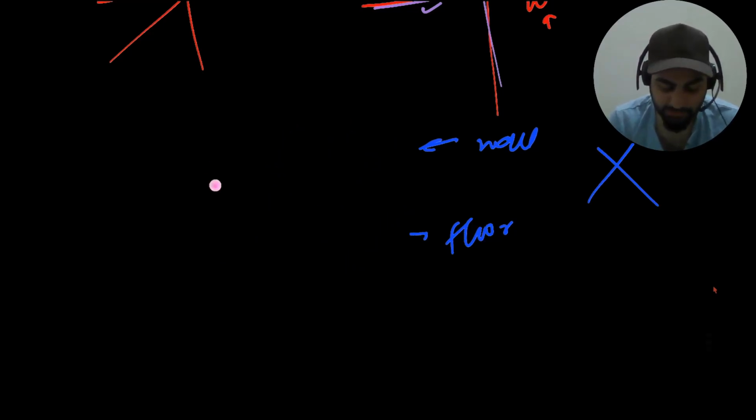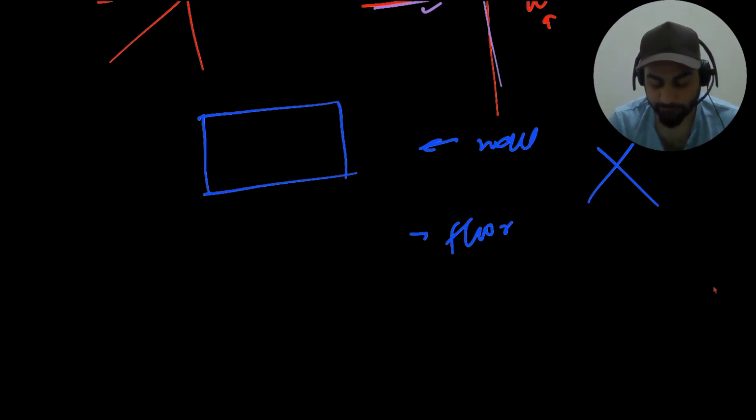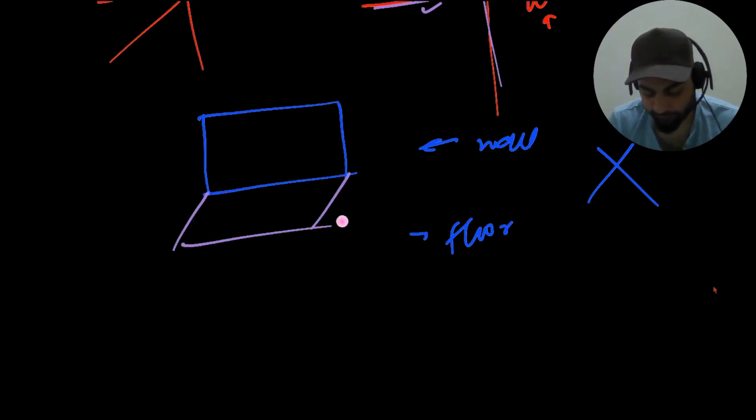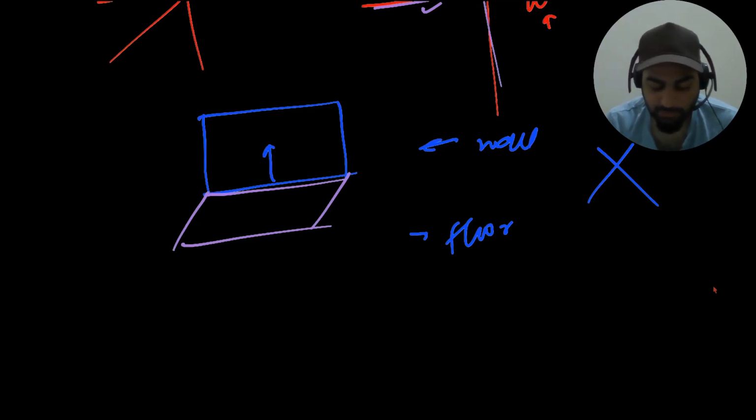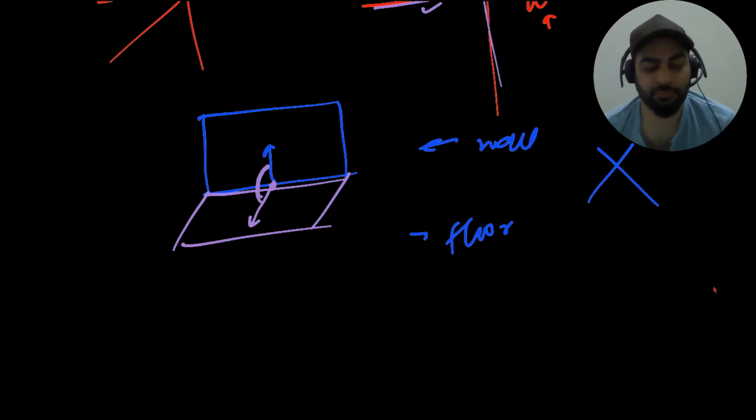Just see, this is your wall and this is your floor. If you take a vector like this, which belongs to your wall, and then a vector like this, you saw that the angle is greater than 90, it's not 90 degrees.